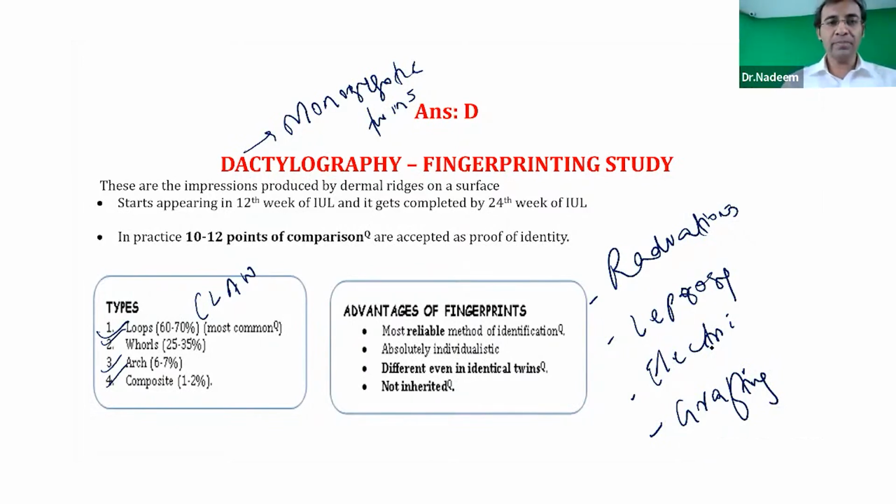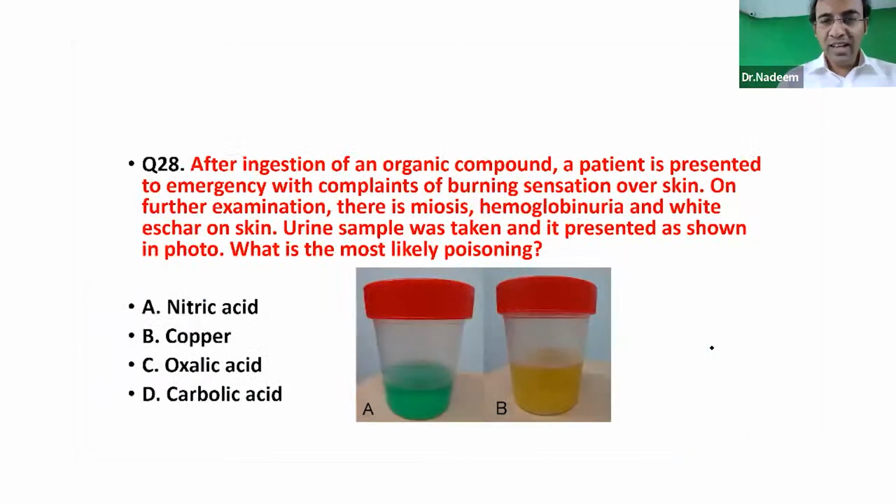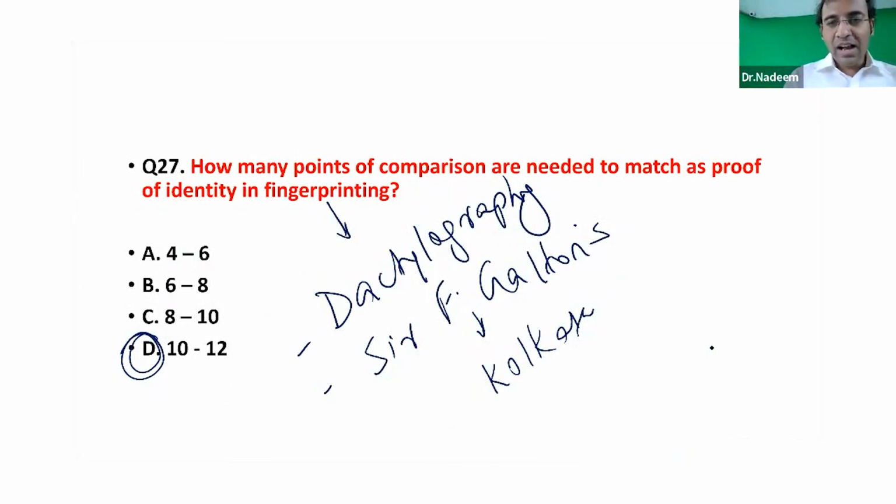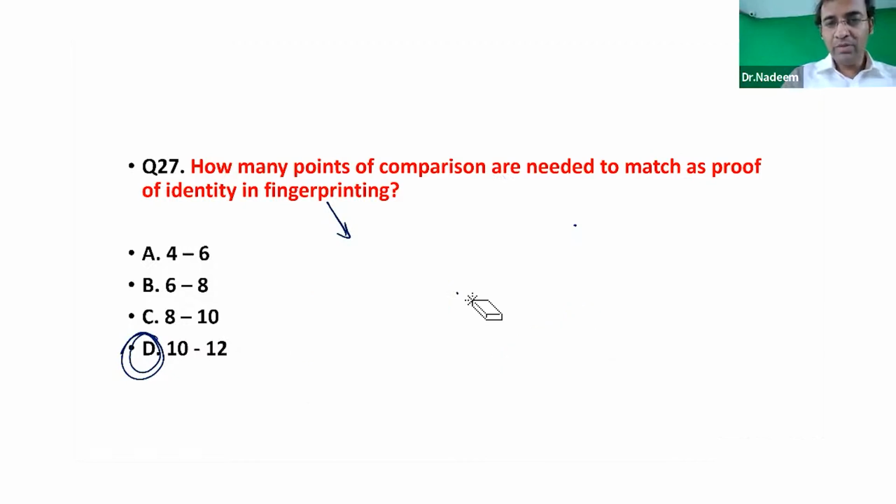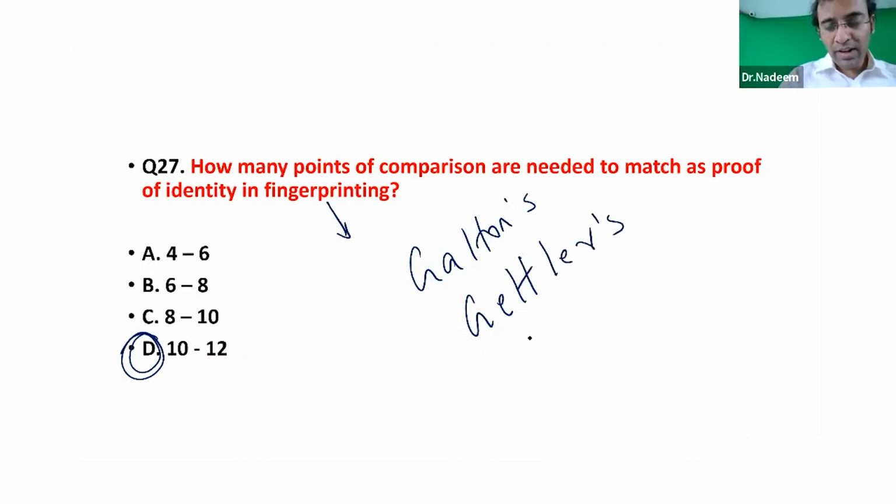Okay, now since I have taught you just now about Galton's test, there are 3 G's in forensic. One is Galton's test, second is Gettler's, third is Gustafson's.